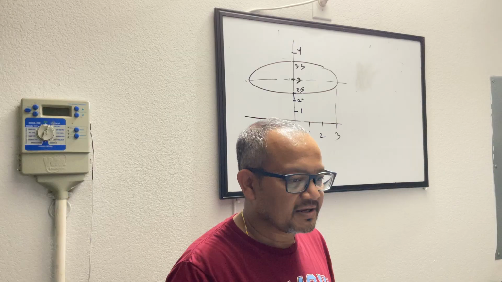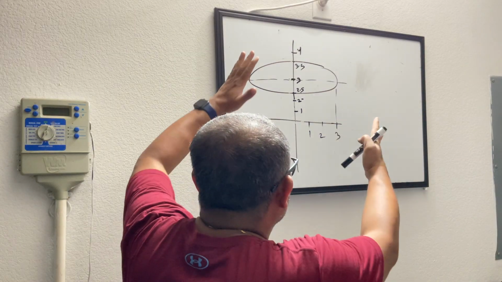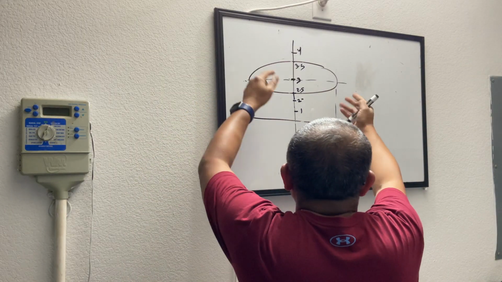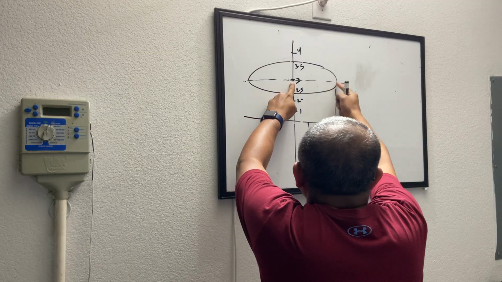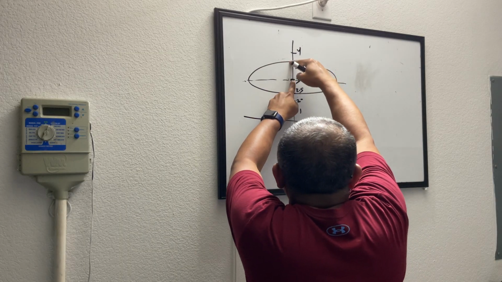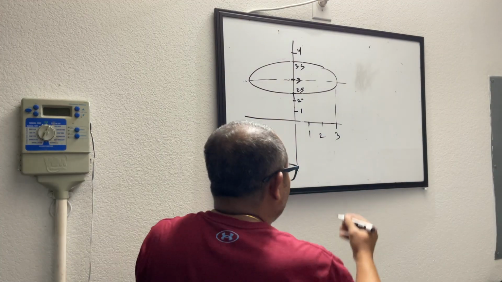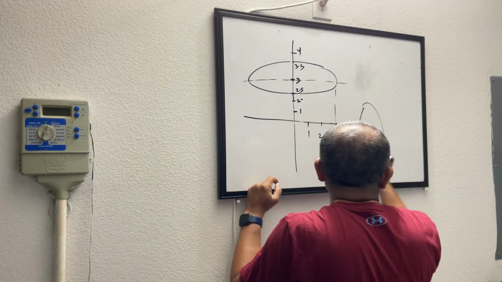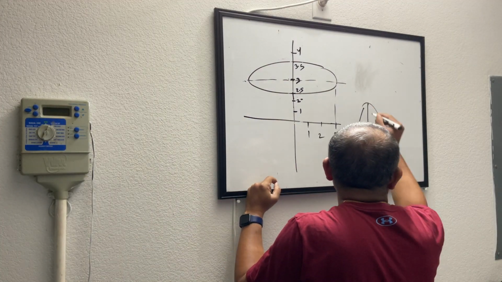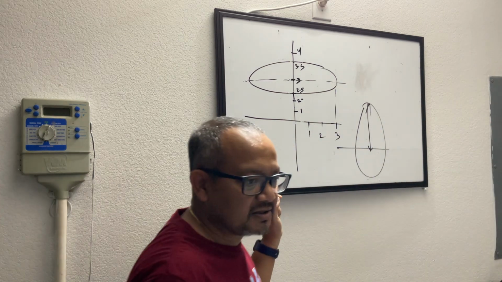Yeah, 0.5. So whenever you see an ellipse, this is your major radius. This is your minor radius. Whichever is thinner. If I rotate this by 90 degrees, then this becomes your major radius.